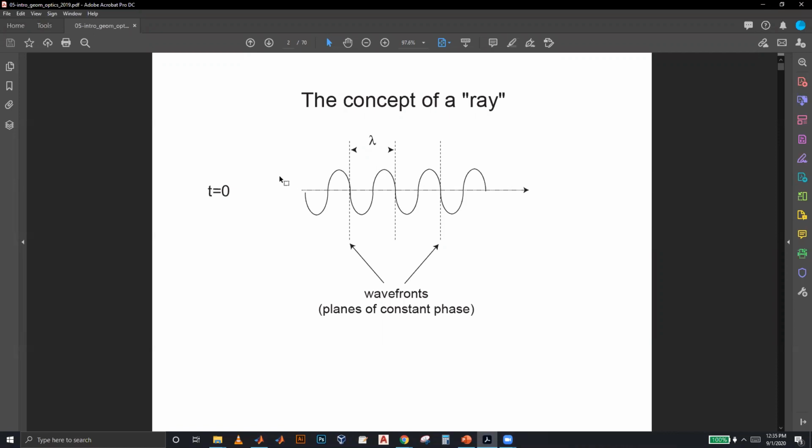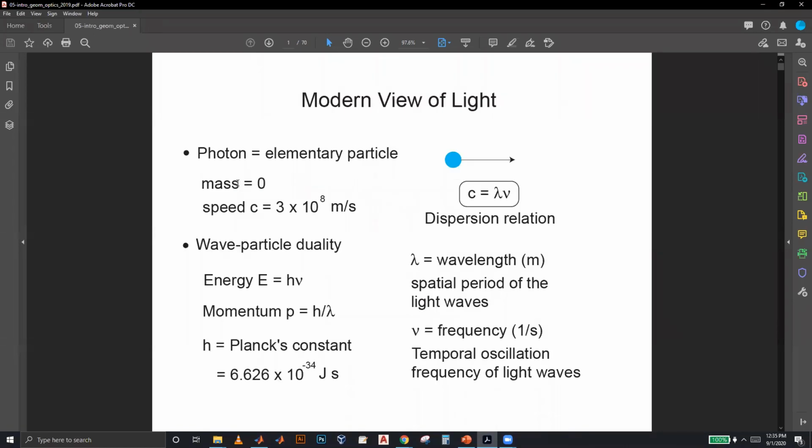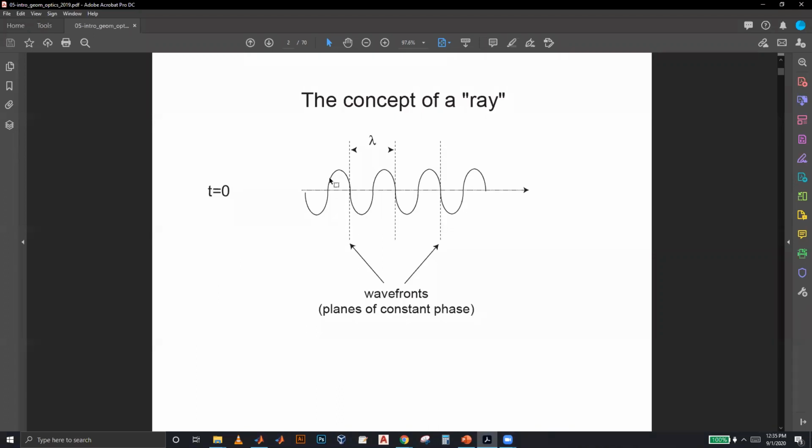So light, as we discussed in the first slide, can be thought of as a wave. And geometric optics approximates the wave nature of light in the form of a ray. So remember, if you have a wave traveling in space, it is basically a disturbance that is propagating.